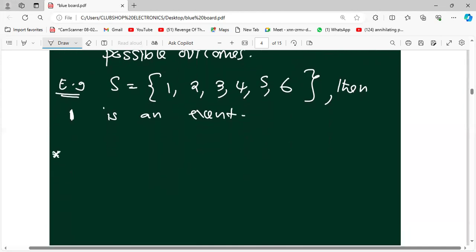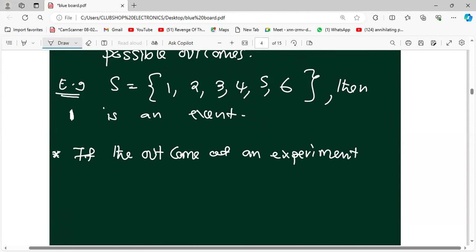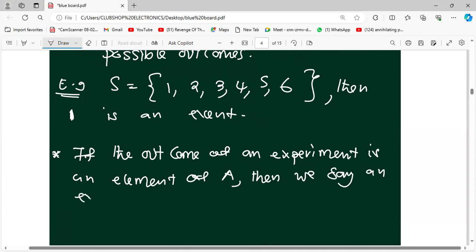Now, if the outcome of an experiment is an element of A, then we say an event A has occurred.